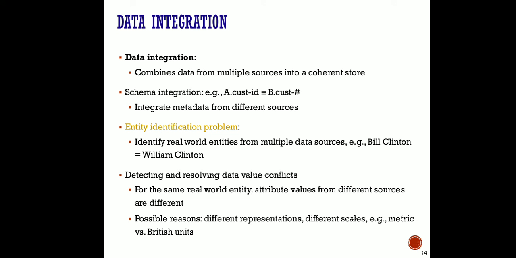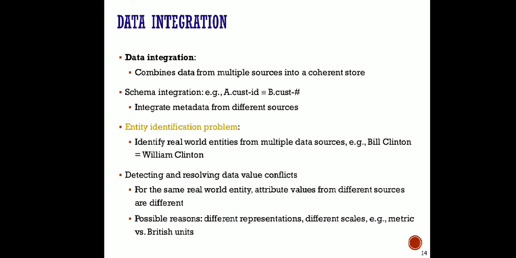Data integration means combining data from multiple sources into a particular source. You can see here, in some databases, say in table A to be more precise, customer ID is being used, and in table B customer number is used.